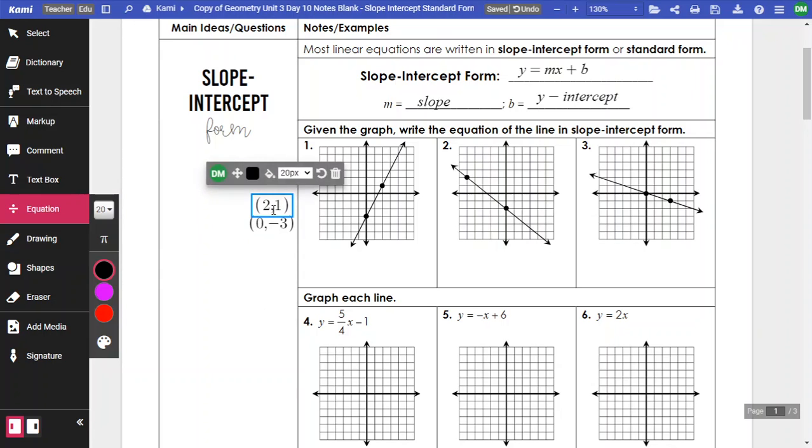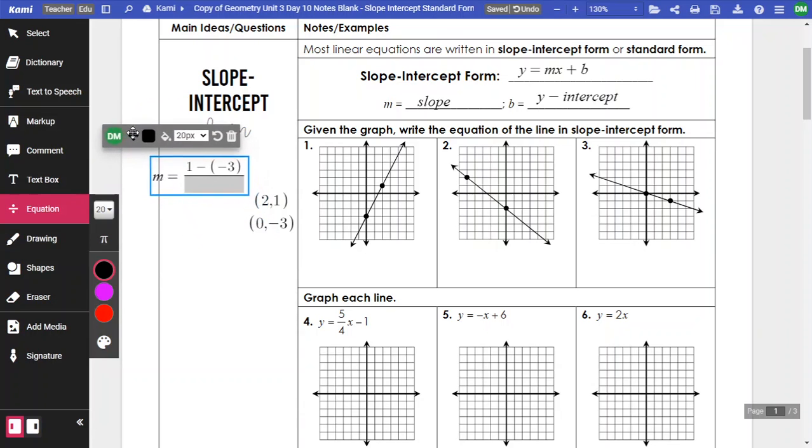And we need to find a slope between these two. So our slope is equal to our difference in y's over our difference in x's. So 1 minus a -3, over 2 minus 0. We want to make sure we get the order right here.